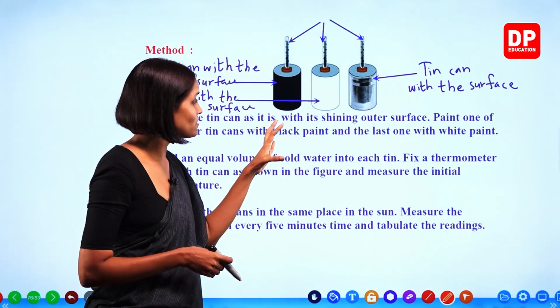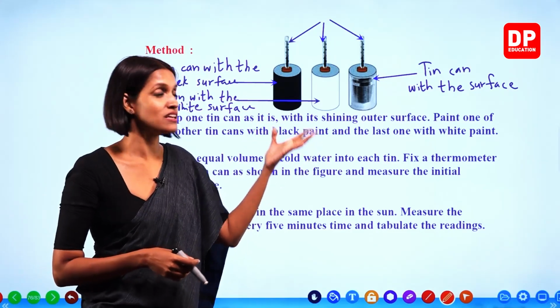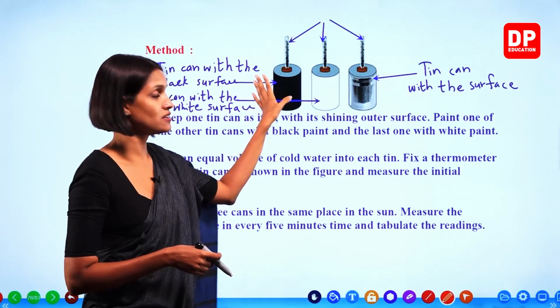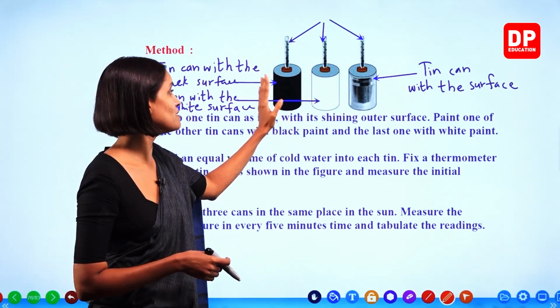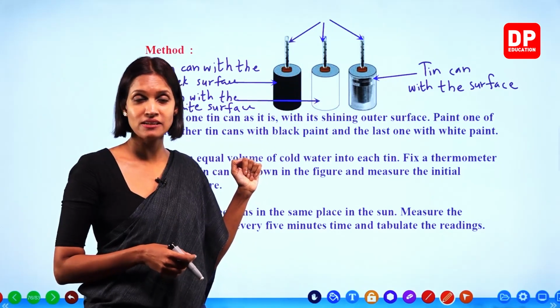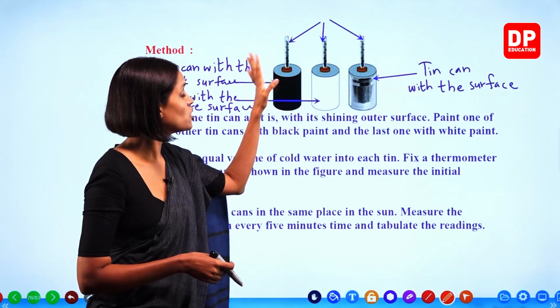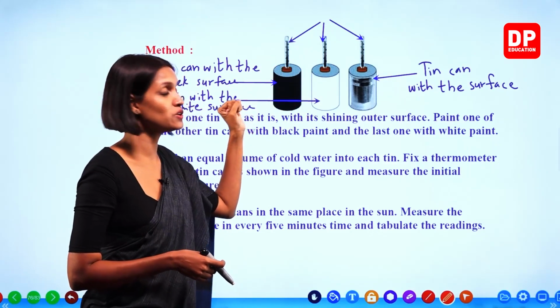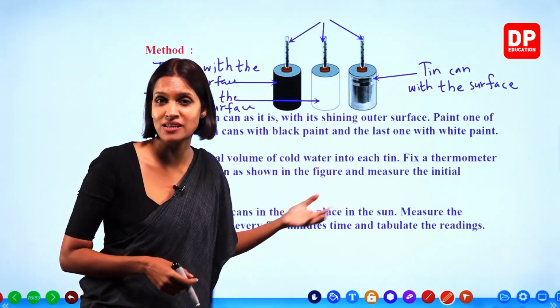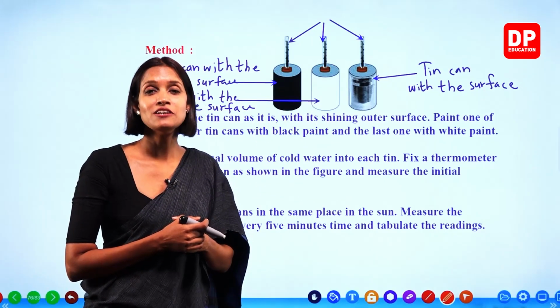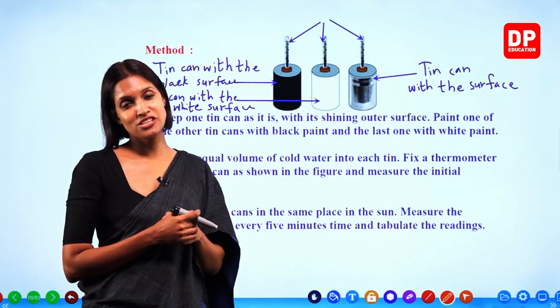By doing this activity, we are going to check whether all 3 tin cans, which are similar size-wise but different color-wise, are going to get heated up at the same rate. Okay, children? So we'll do this interesting activity now.